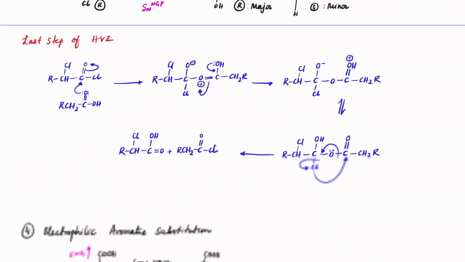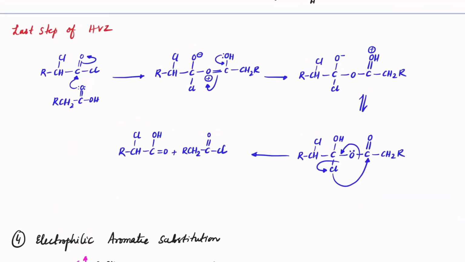Okay. If you just check out the last step of HVZ, I just wrote down earlier how the conversion takes place. But if you notice clearly, what is happening here is the second mole of acid will attack on this as an addition.